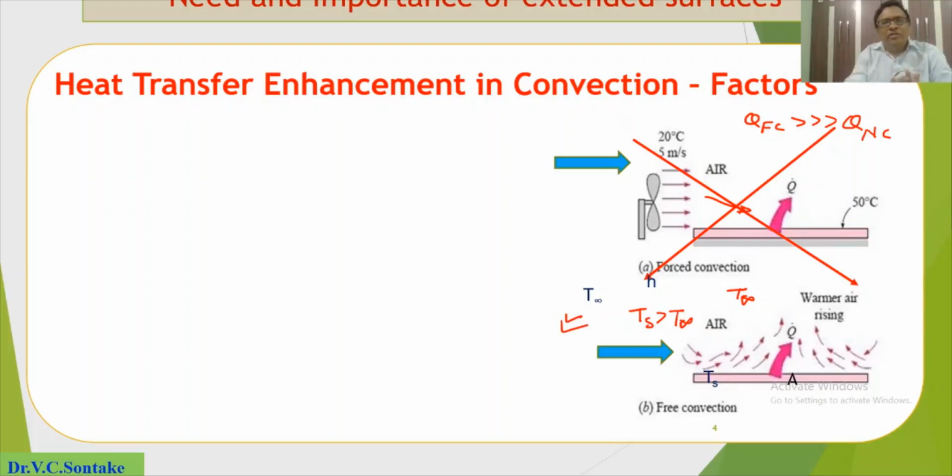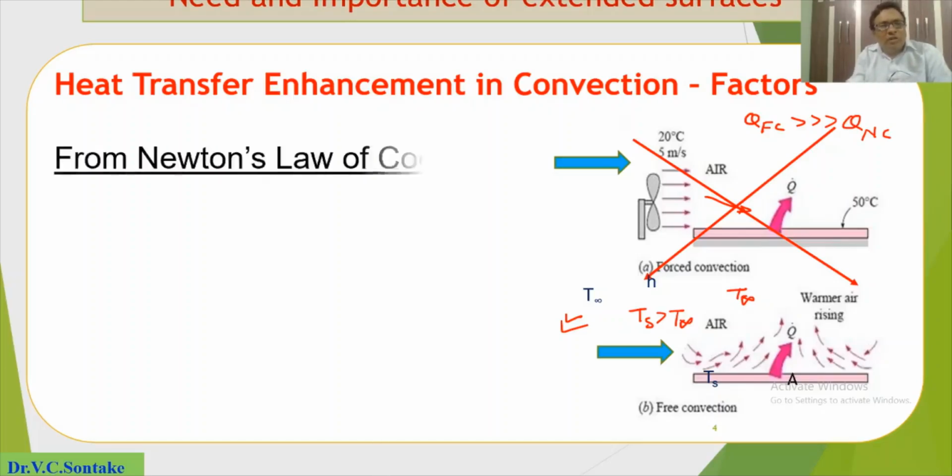And if we want enhanced heat transfer rate in case of free convection, we don't have a lot of options actually. So let's say we have free or natural convection conditions where heat transfer is taking place, and we want to enhance heat transfer rate without the fan. So first let us discuss on what factors the heat transfer rate in case of convection depends.